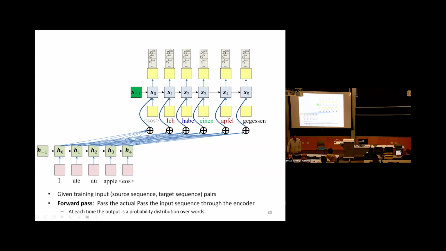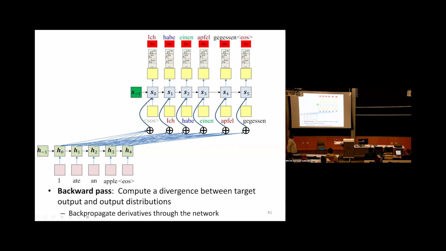So on the output side, you'd be seeing words W1 through WK and trying to predict WK plus 1 at each time. And of course, you can compute the divergences at each time and train this in much the same manner that you would train a language model.